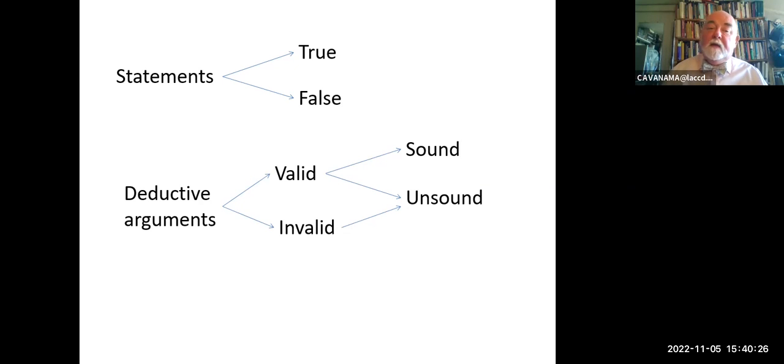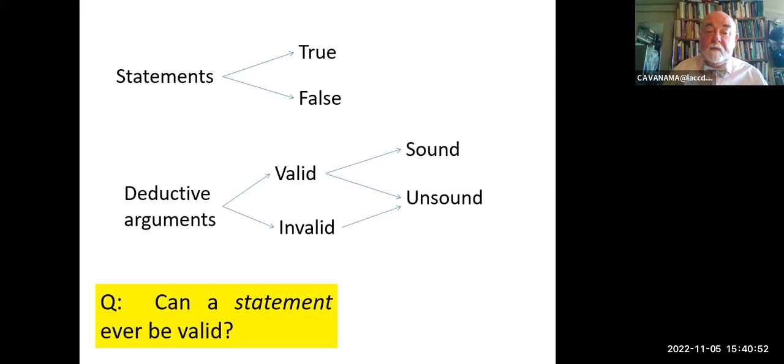The invalid ones are always going to be unsound, but of the valid ones, some of them are going to be unsound, some of them are going to be sound. So soundness is a much more restricted category, and it applies only to valid arguments, but only to some valid arguments, not to all of them. And it is arguments which are valid or invalid, and statements which are true or false. Be careful you don't mix that up.